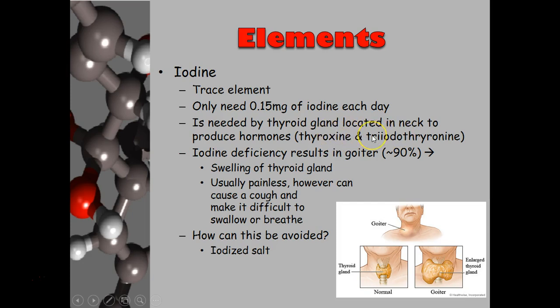And these guys are responsible for everything from hunger and weight maintenance and all kinds of things. So what ends up happening is that because that thyroid can't produce those hormones without that iodine, you get a buildup of other chemicals and other molecules, and you get this big, enlarged, swollen thyroid gland, and that's what's pushing out, and that's where that goiter comes from.